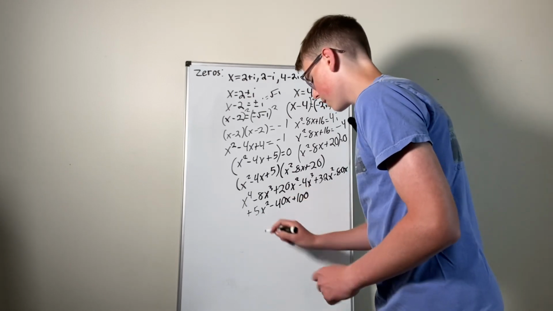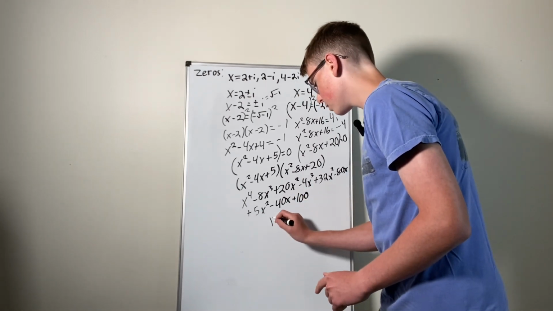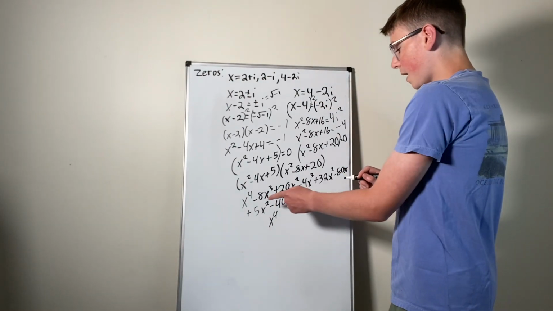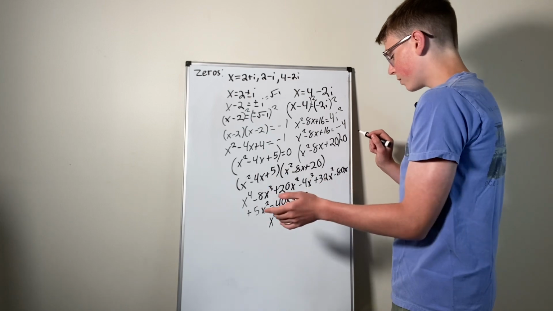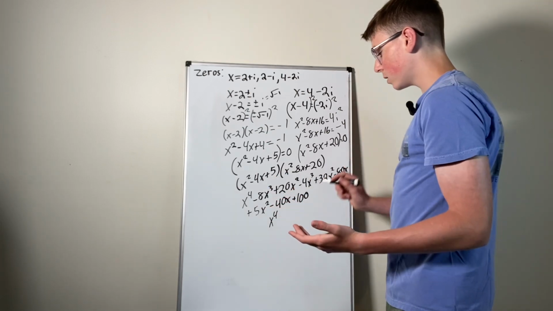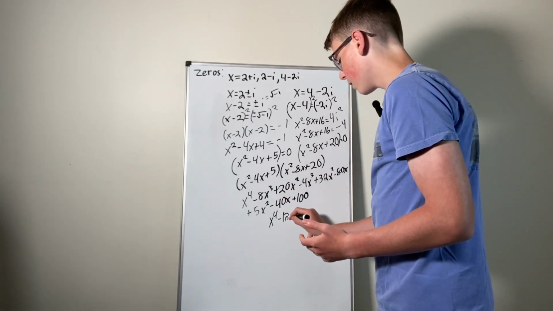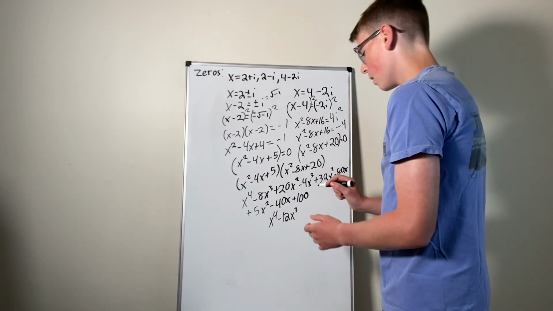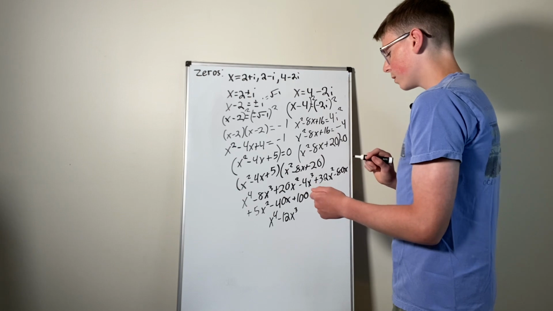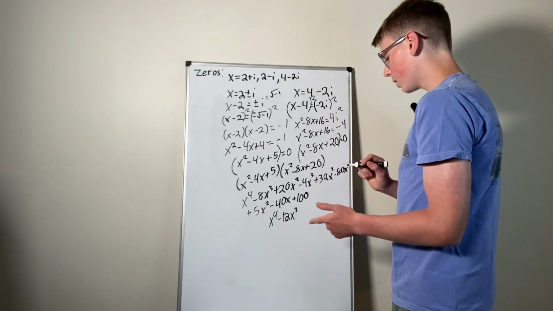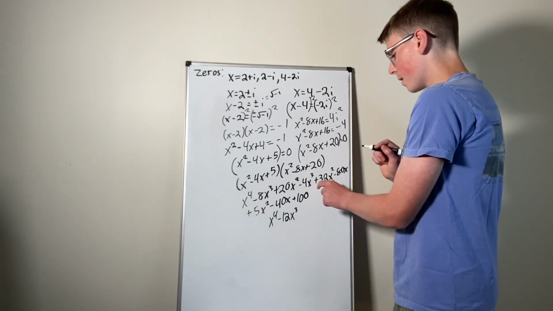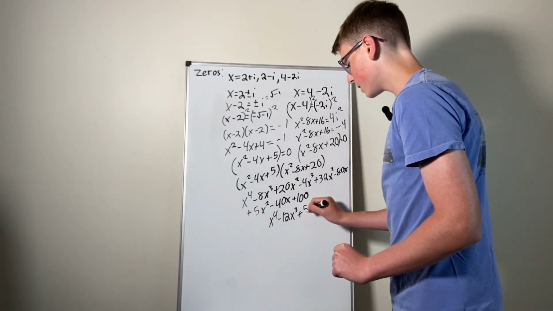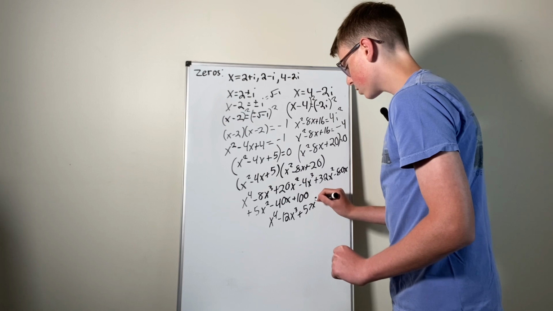So we have x to the fourth. Then we go to our x cubed terms. Negative 8 minus 4 is negative 12, and we only have two x cubed terms, so it's negative 12x cubed. Now we go to our x squared terms. We have 20 and 32, which makes 52, and then we have 5, so we have 57x squared.